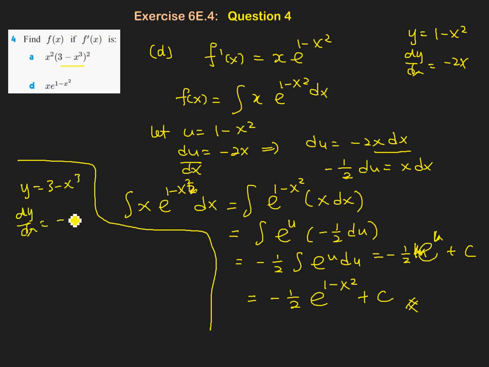The key here is the x squared, which is a pattern that you observe in front of the expression in bracket. So it's fair to say that we're pretty confident if we let u be 3 minus x cubed, we should be able to get what we need. So that's my hint. You should try it and then check the answer at the back.